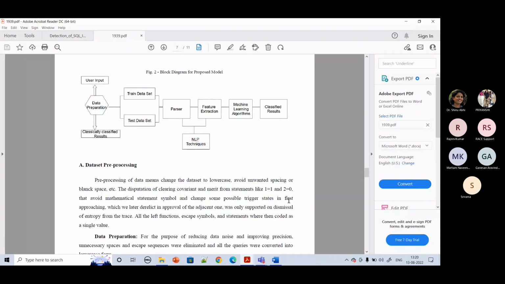I thought of taking SQL injection as a scenario and using a machine learning approach to detect that particular SQL injection based on the various input queries. I referred to a couple of papers and found that this can be done using multiple machine learning algorithms. But before that, we need to have data that will be trained and tested using a parser and feature extraction.